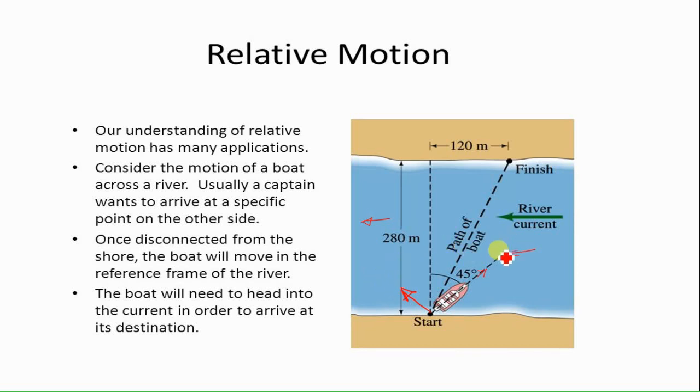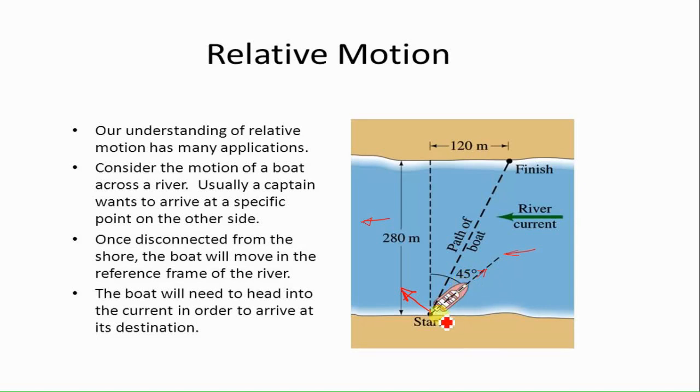One thing has to be kept in mind: if it is given that the boat is moving with a certain velocity in the river, then we assume that the boat is moving with respect to the river frame of reference. That means we have been given the velocity of the boat with respect to the river. If it is given that the boat is heading at an angle theta into the river, then its motion is described with respect to the river.